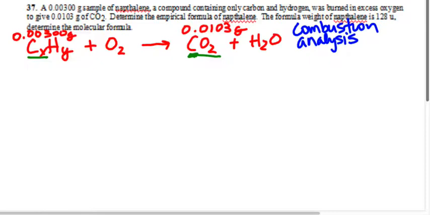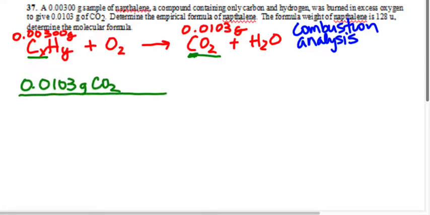Okay? Because we can't do stoichiometry here because we don't know anything, we just need to figure out how many grams of carbon are in CO2. That's all we need to figure out. So we're going to take our original amount of CO2, and I want to do a little internal analysis of just that CO2. How do I get to grams of carbon in just CO2?